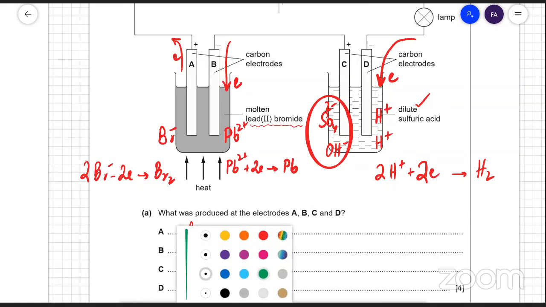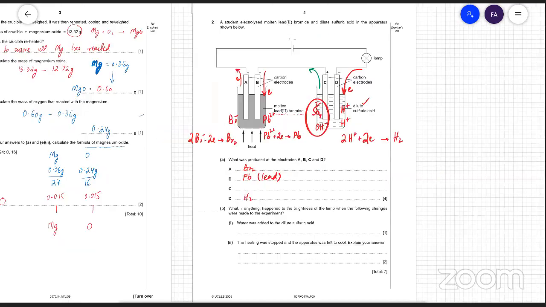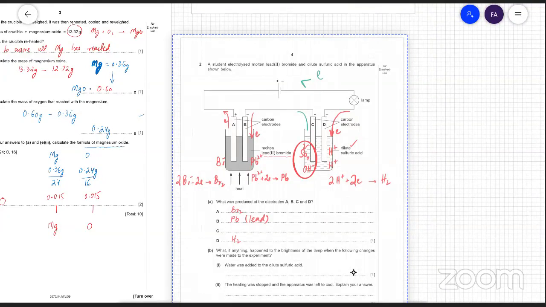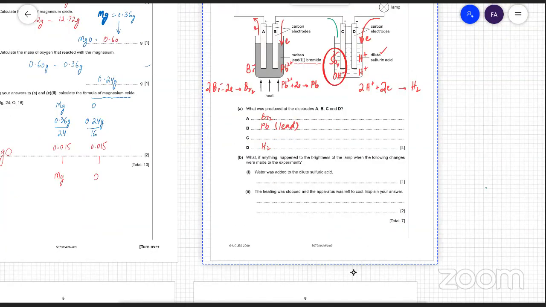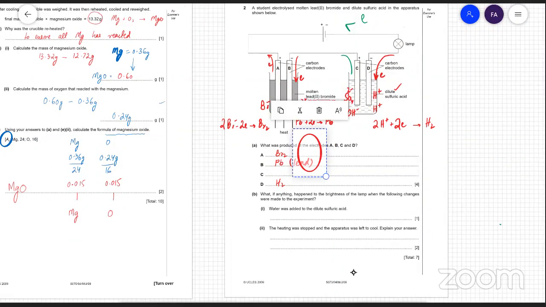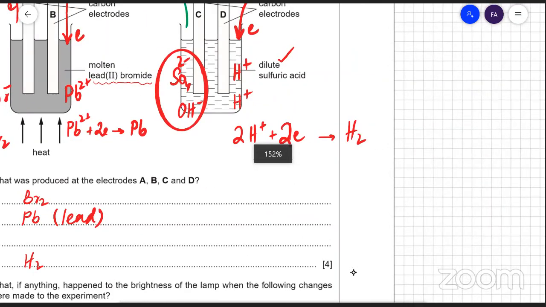Now, at the positive anode, there are two options. The battery has to pull electrons.